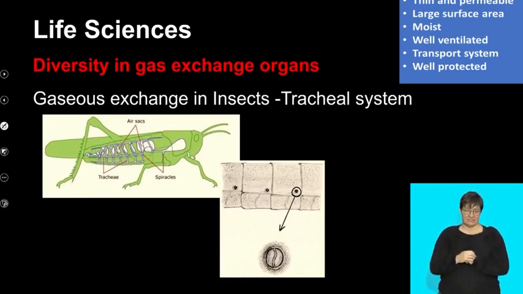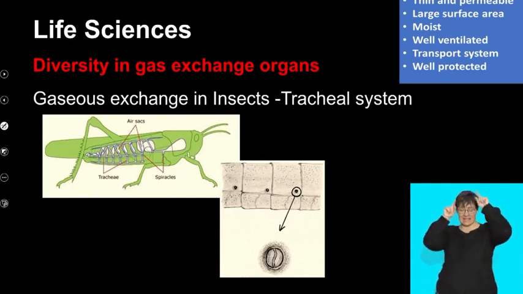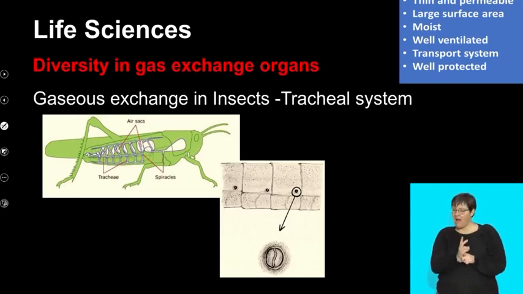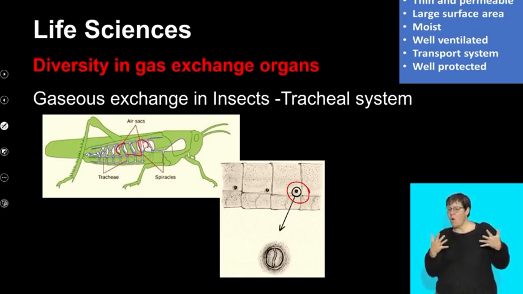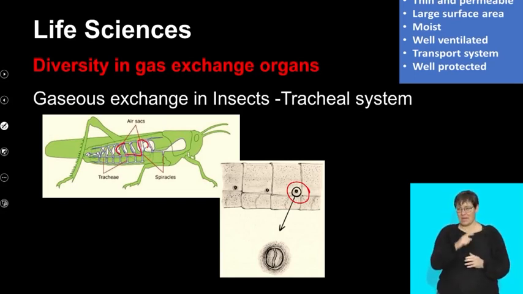We looked at insects again when we looked at animal biodiversity, but here we see that insects have a little hole, a little spiracle, and for the first time a far more involved, far more intricate ventilation system called the tracheal system that gets the oxygen in and out.